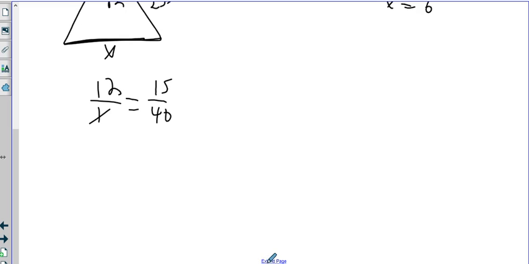Now we just multiply. So 15x equals 40 times 12, which is 480. Divide by 15, x is 32.